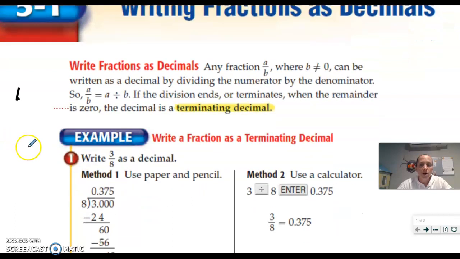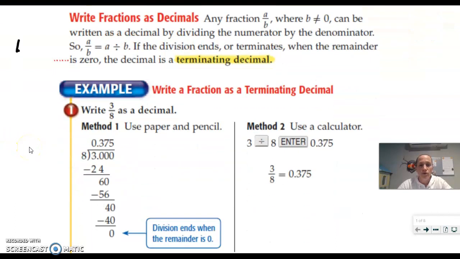A couple of different things happen when you turn a fraction into a decimal. You'll notice they tell you here that you can either do this by hand and use long division to divide 3 by 8, but there's really no reason to do it that way because you pretty much always have access to a calculator.